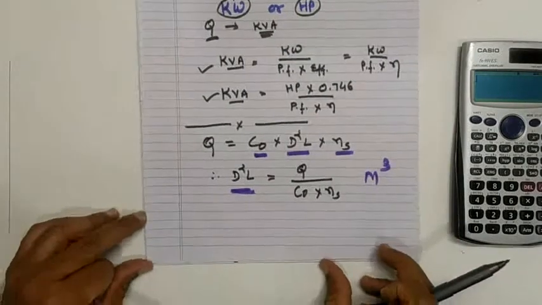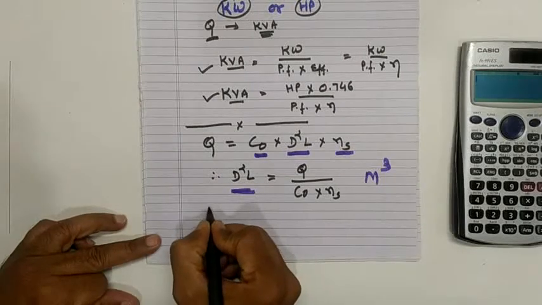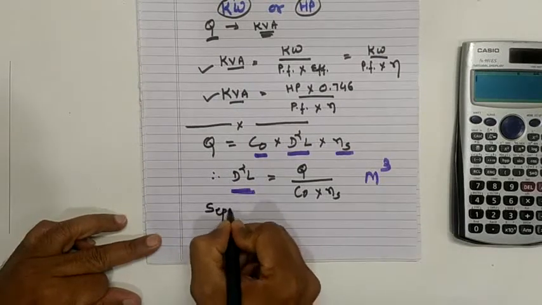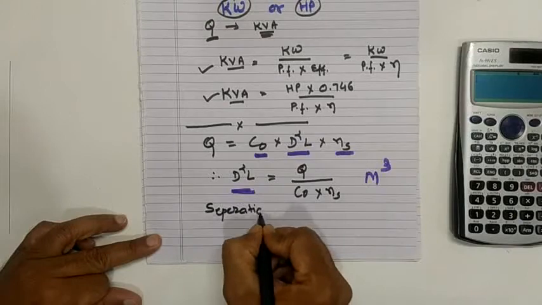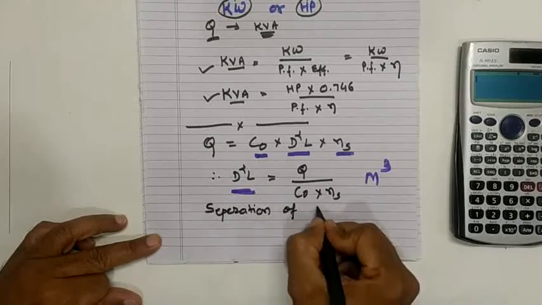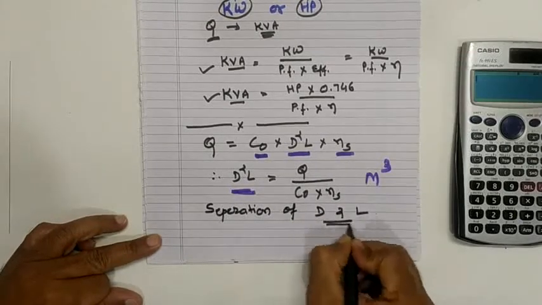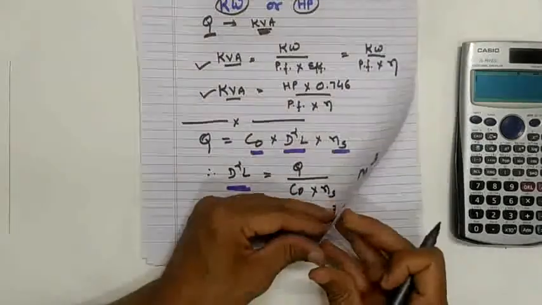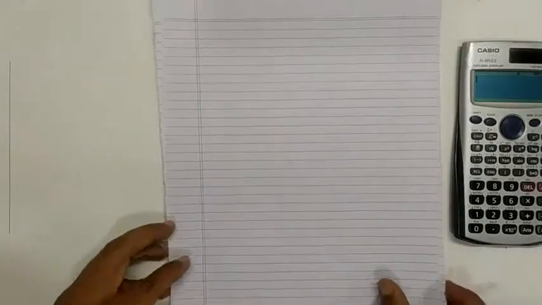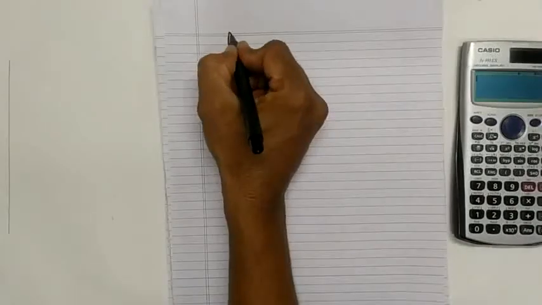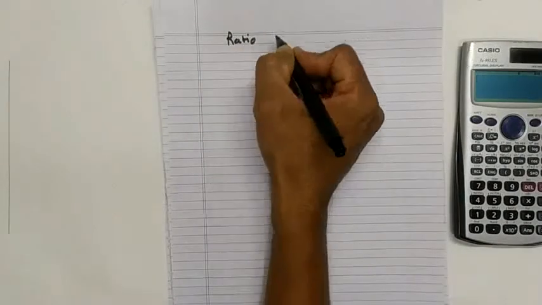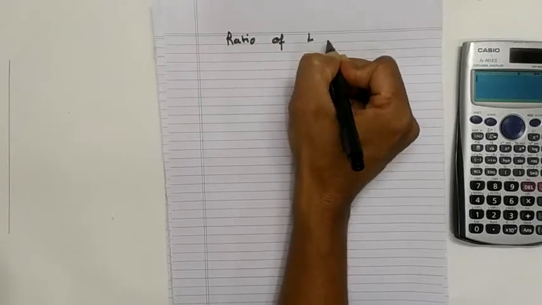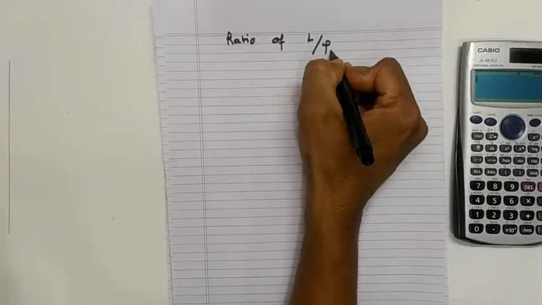Now our next step is separation of D and L. So how to separate D and L? For this matter, we have to consider a ratio of stator length to pole pitch.